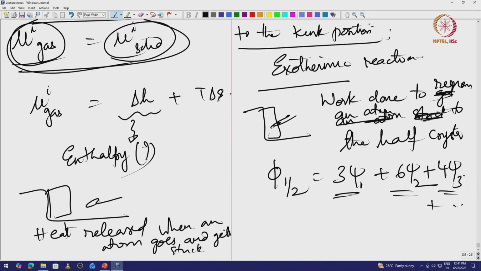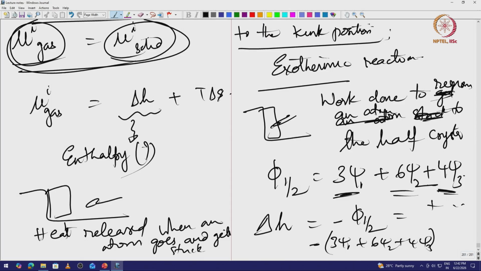And then I have plus dot dot dot, but the higher order terms I can just neglect, because this is already 1% of psi 1. So, I will neglect the rest. So, delta H, essentially, since it is an exothermic reaction, is minus phi half, which is equal to minus 3 psi 1 plus 6 psi 2 plus 4 psi 3.